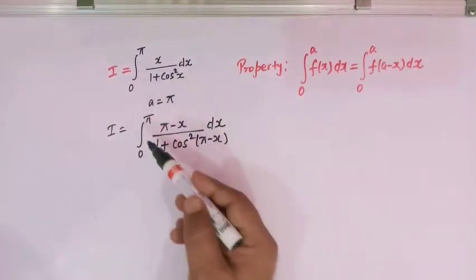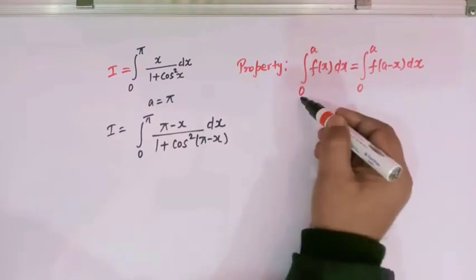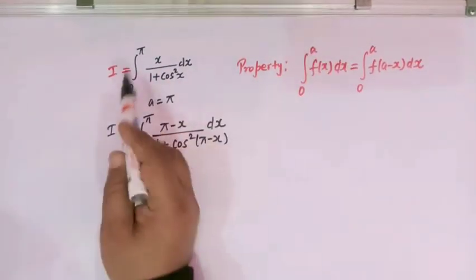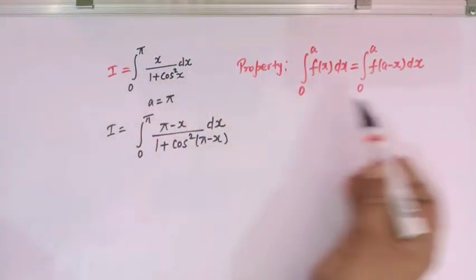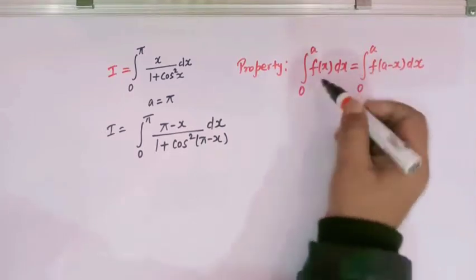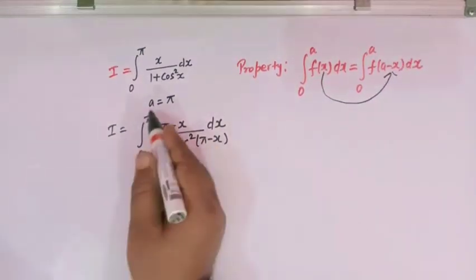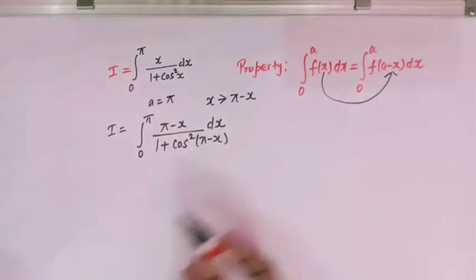So what we have done here, we have used this property, and we have 0 to a, here we have 0 to pi. For a we have pi, and for f of x we have x over 1 plus cos square x. In the next step we have replaced x by a minus x, right? So here we have replaced x by pi minus x, right?